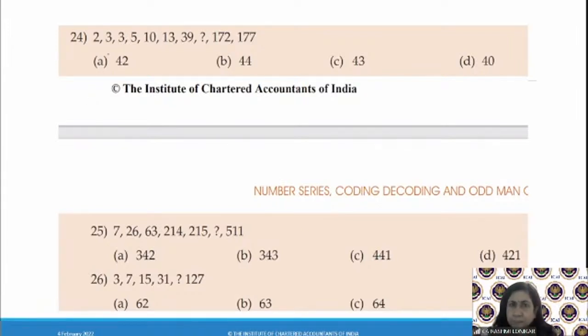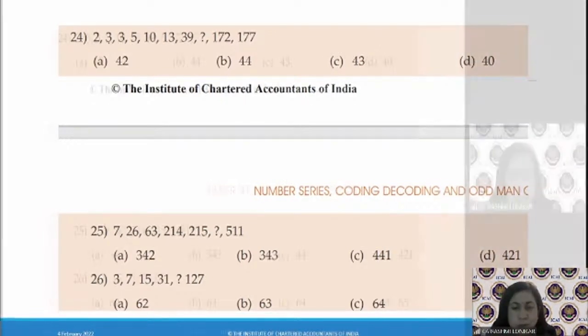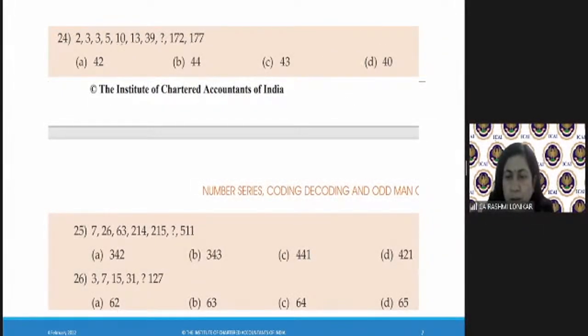Now here, in the 24th question, can you see this: 2, 3, 3, 5, 5, 10, 10, 13, 13, 29, and 39. Here I can find the clear difference like 2, 3, and again I have a 3, right? So I'm not able to make out now what to do over here.